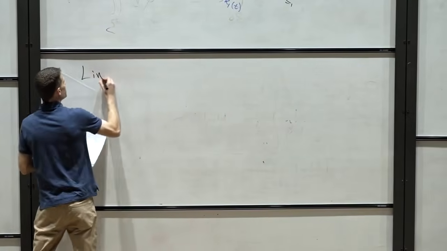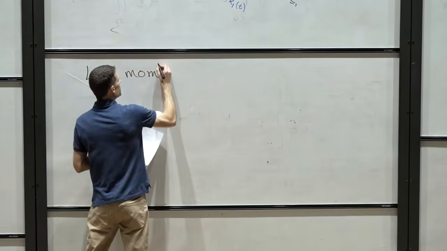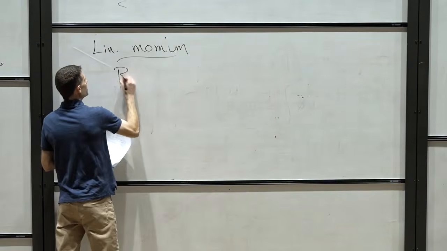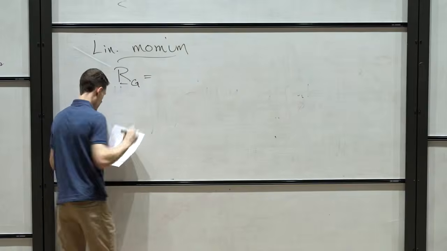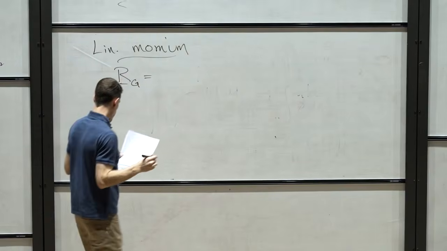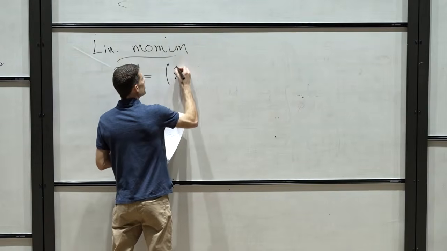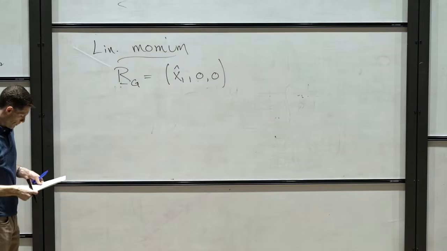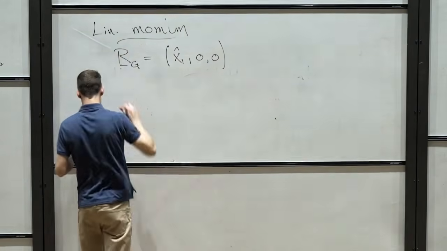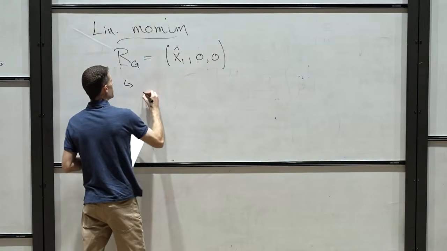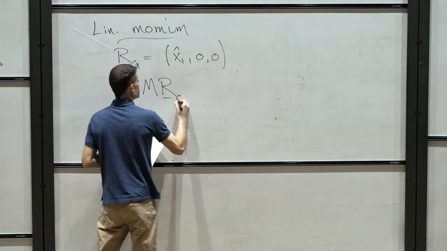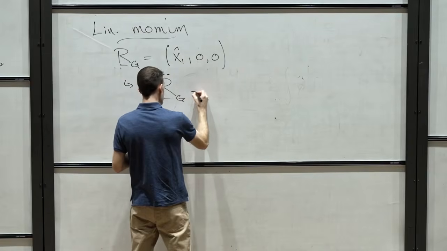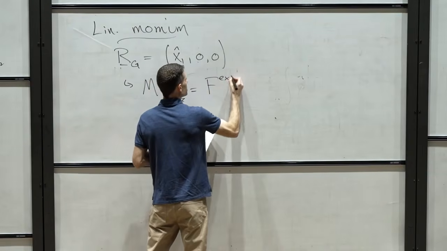So let's see if we can put the pieces together. If I write down balance of linear momentum, my center of mass, Rg, is just x1 hat, 0, 0 in that inertial frame. So linear momentum says that m Rg double dot is F external.